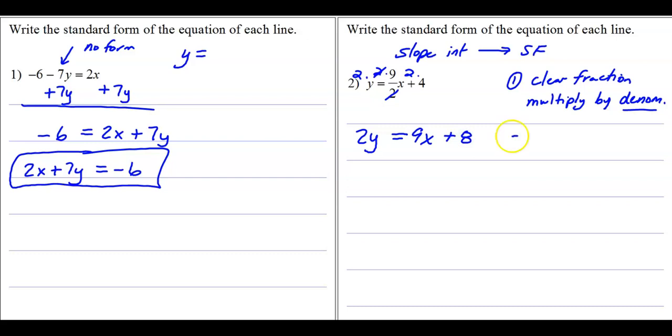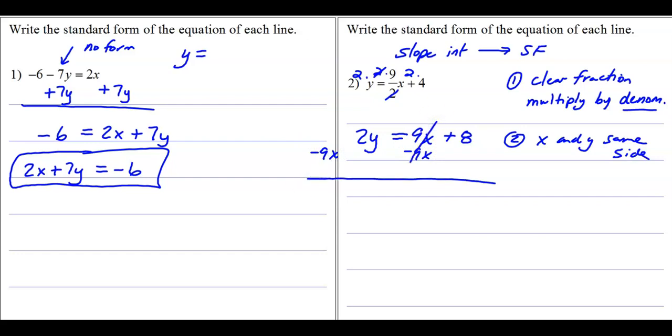Now step two is I've got to get x and y on the same side. So I'm going to subtract the 9x from both sides, minus 9x, minus 9x. And that gives me negative 9x plus 2y equals 8. Now, some people right here would say, hey, we're good, we're in standard form.